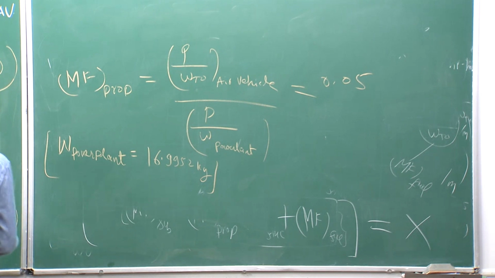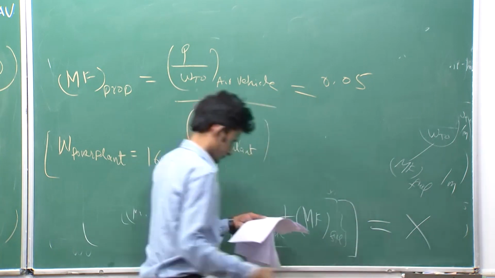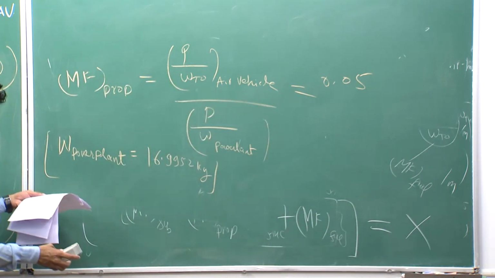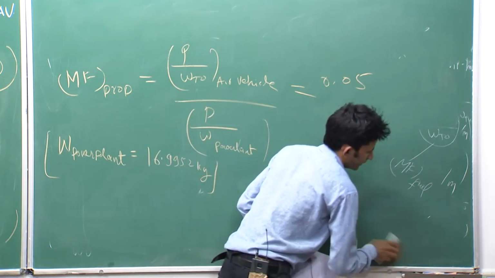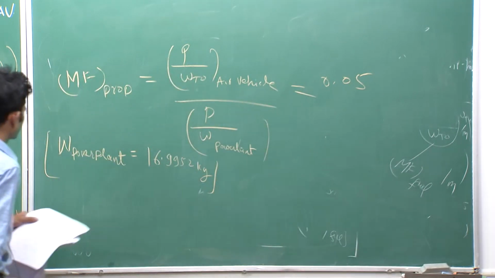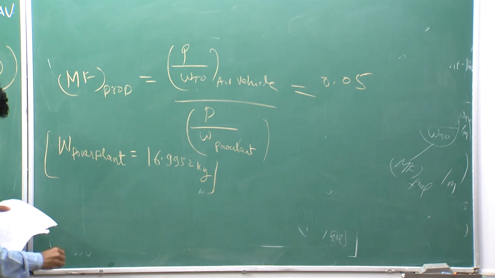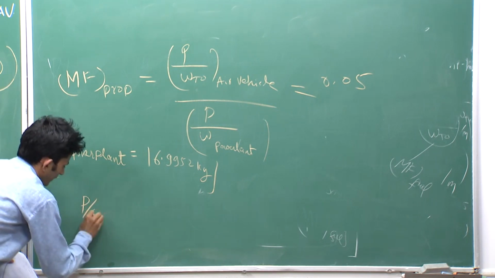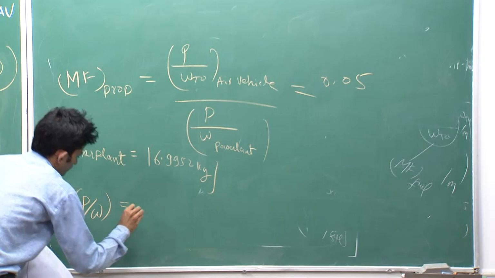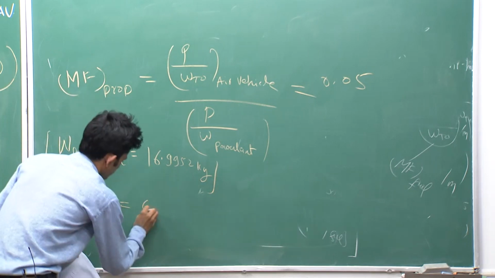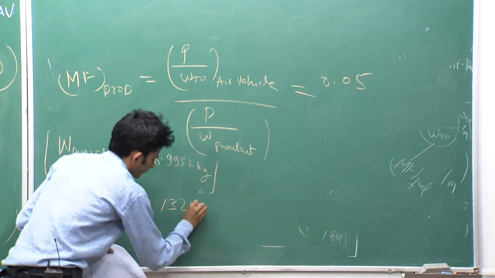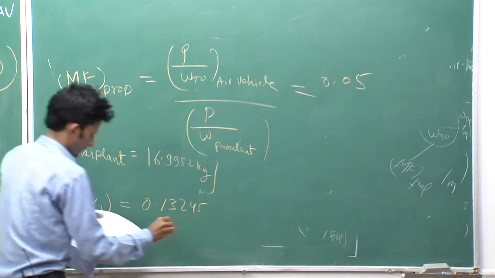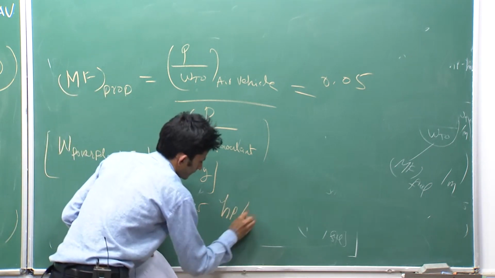So in the 9th question you have to find the peak power of the air vehicle, that is, the maximum power that the engine has. So P by air vehicle is also given, 0.13245 HP per kg.